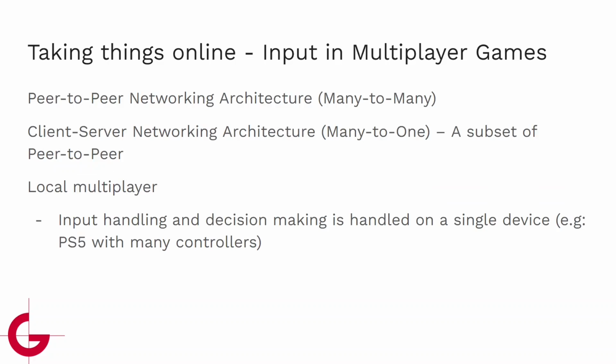There are several architectures for handling an online game: peer-to-peer networking, client-server networking, and local multiplayer. Local multiplayer is very straightforward. We have one device and several input devices, and the input is handled only locally.